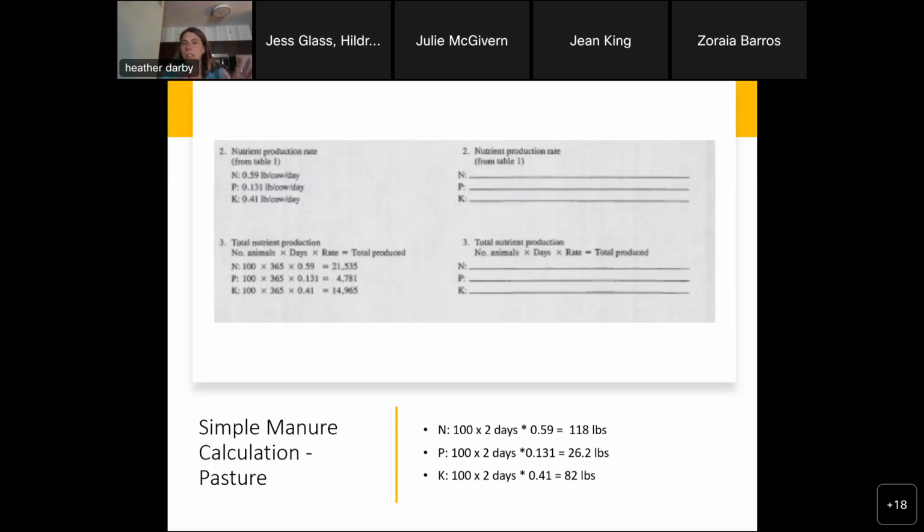So if you're already really low in fertility, yes, you're getting 26 pounds of phosphorus, let's say, per acre across the season, but you've extracted, let's say, 50 pounds in meat and milk, right? And this is where doing whole farm nutrient balances comes into play. But you can calculate manure nutrients, and you do get nutrients from the manure, just thinking about how meaningful that is.